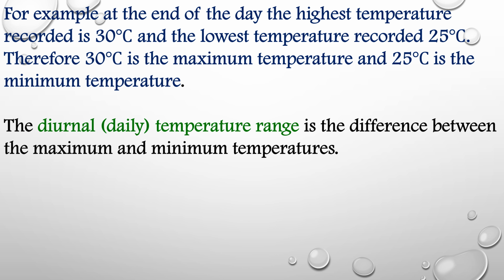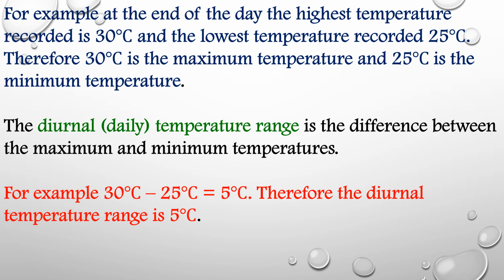Now, the maximum and minimum temperatures are very important in terms of determining the diurnal temperature range, which is the difference between the maximum and minimum temperature. To achieve this, we simply subtract the minimum temperature from the maximum temperature.